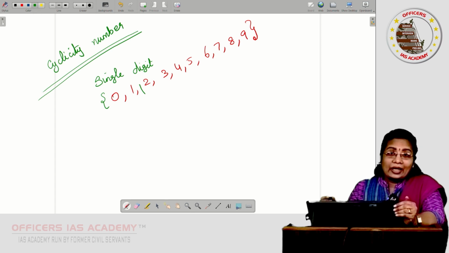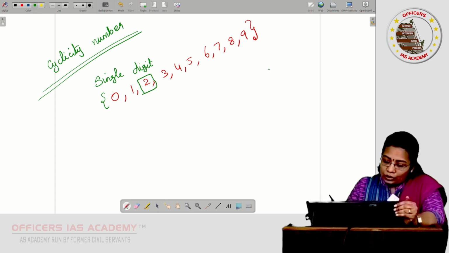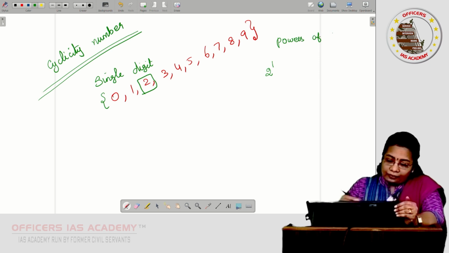All the single digit numbers have some cyclicity with their power. Now, we just discussed 2. In the powers of 2, I want to show you one thing.